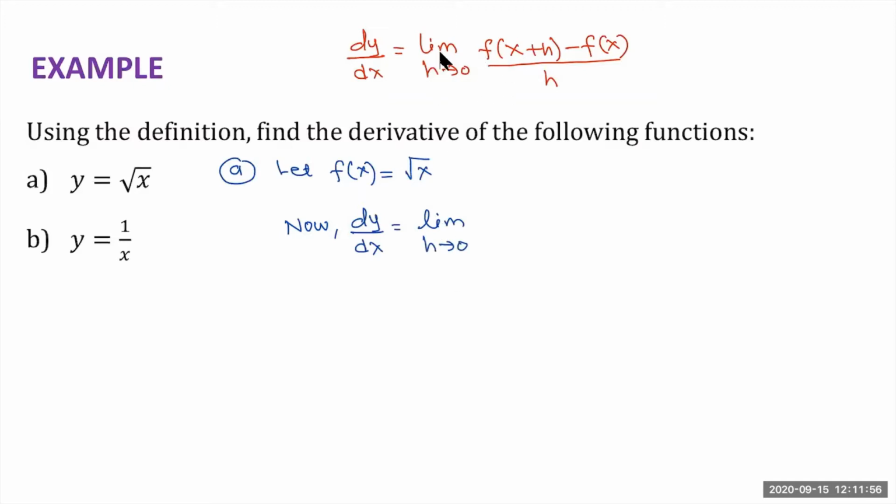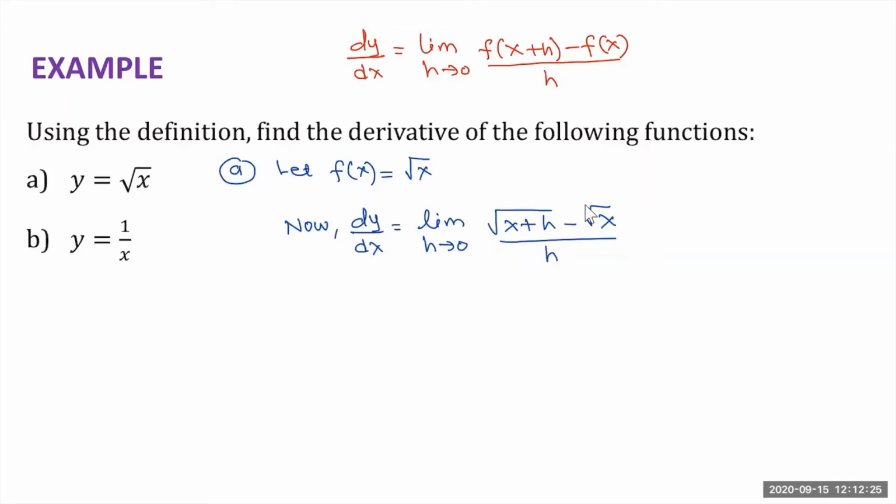If you look at the definition, we have f of x plus h. This is our f of x, so f of x plus h will be square root of x plus h, minus f of x. F of x is square root of x, divided by h in the denominator. So that is the definition.